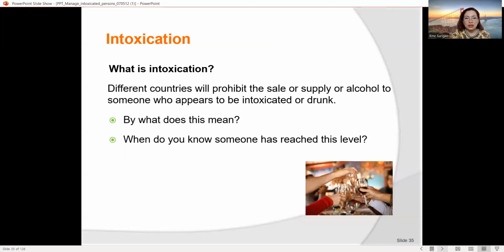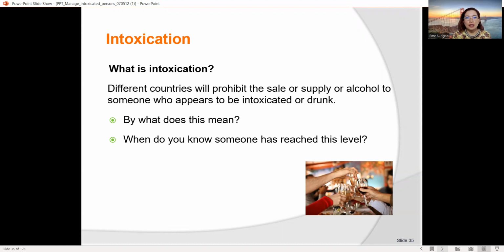What is intoxication? Different countries prohibit the sale or supply of alcohol to someone who appears to be intoxicated or drunk. But what does it mean? When do you know someone has reached this level? How will you know if that person is already drunk? Based on his actions, based on how he talks to you, you can really say this person is drunk already.